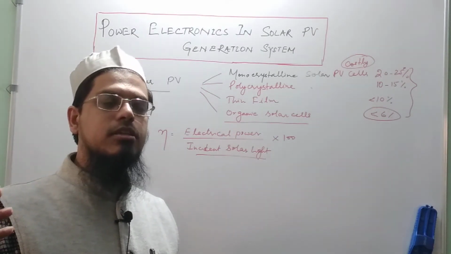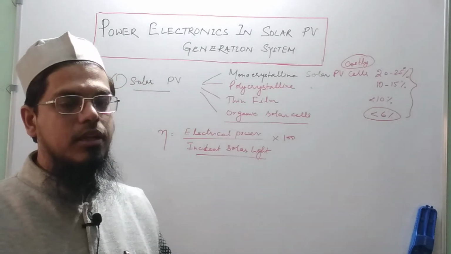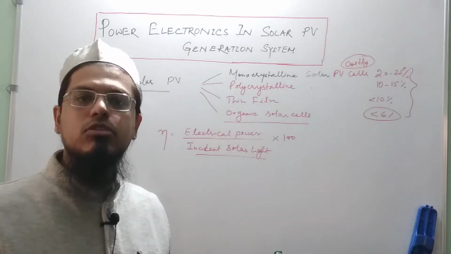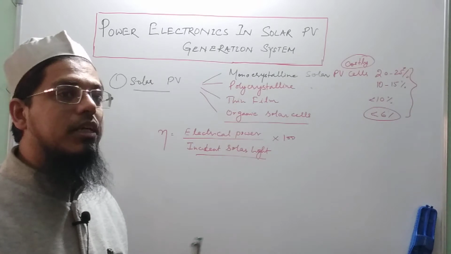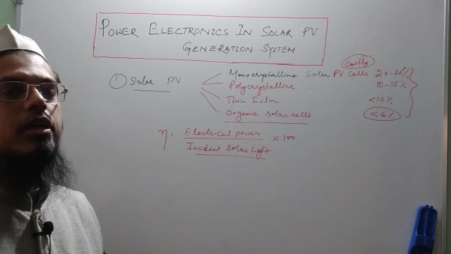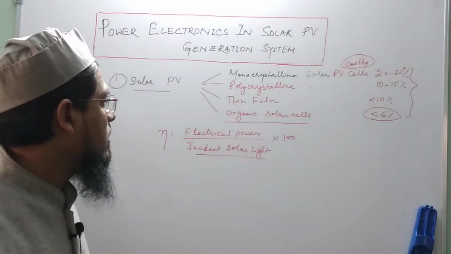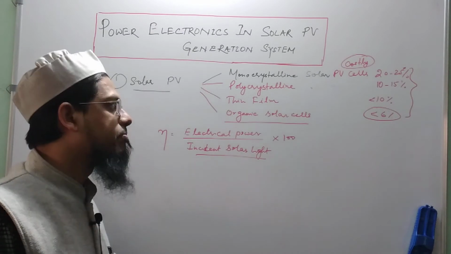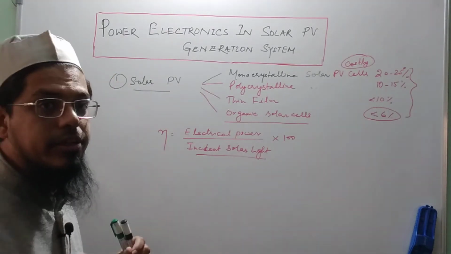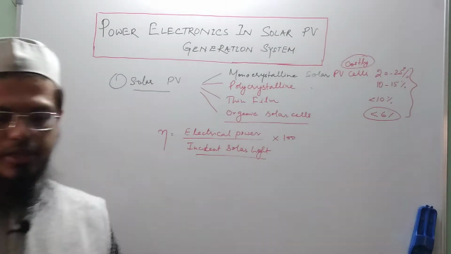Just an investment in the solar cell, and we are getting electricity out of it. Fuel cost is 0. Moreover, the maintenance cost for a large solar PV power plant is very less. So that means solar PV system is a very viable option for energy generation.